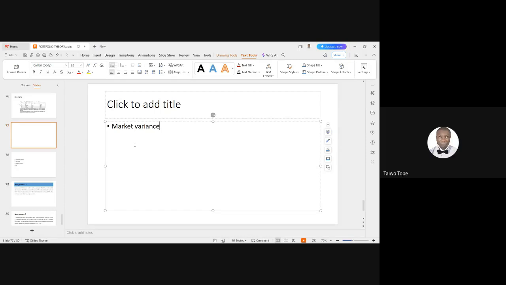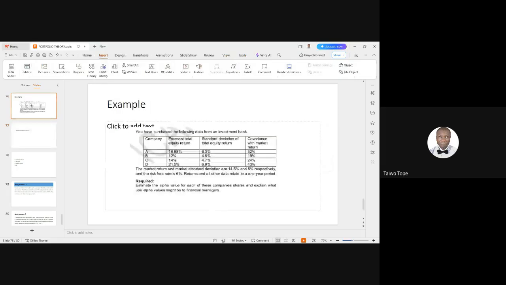Market variance will be 25. That is 5% squared. When you square this, you have 25.